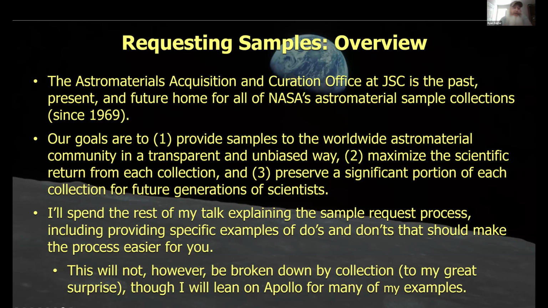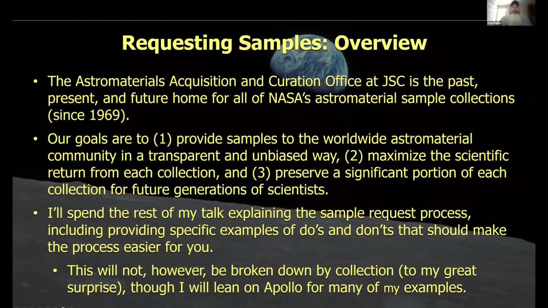And as I made the list across the different collections, I realized, wow, they're awfully similar. So while there are some very specific examples that we'll sprinkle in, and I'll probably talk about Apollo more than the other collections because I'm more familiar with it, by and large, what I'm going to say about how to write a better sample request is applicable across all the different collections.